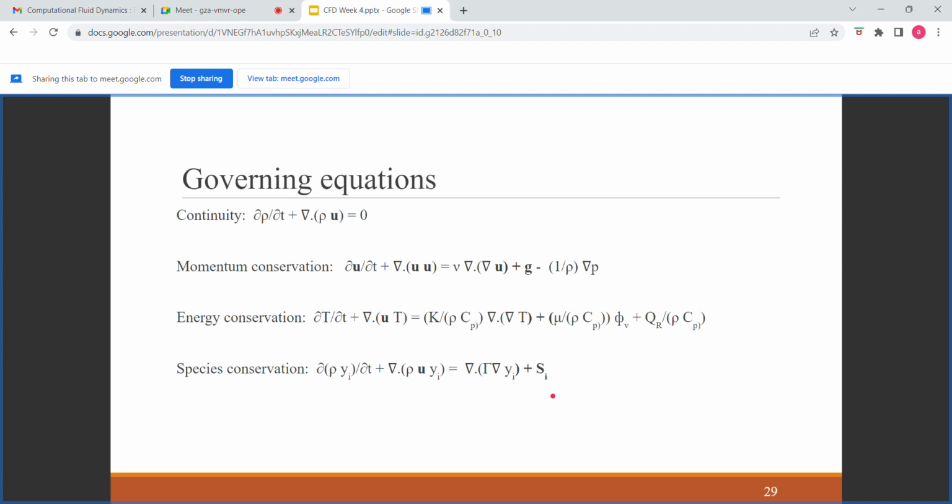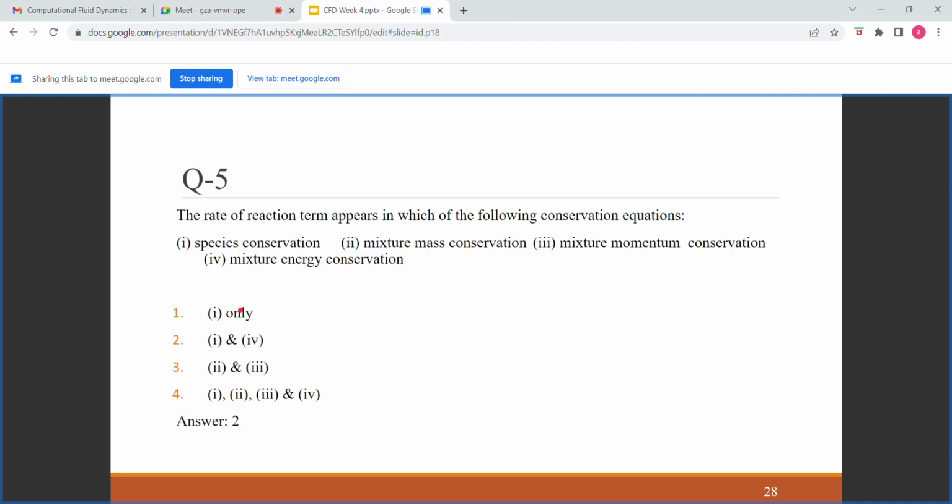So both the energy conservation equation and the species conservation equation have the reaction rate term. The rate of reaction term appears in which of the following conservation equations? It is species conservation and mixture energy conservation, so the answer is 1 and 4. The answer to this is option 2, that is 1 and 4.